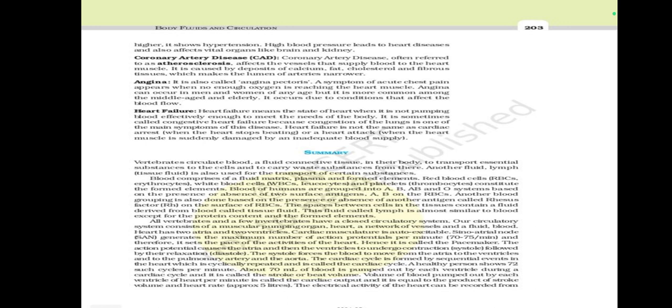Human blood is grouped into A, B, AB and O systems based on the presence or absence of two surface antigens, A and B, on the RBCs. Another blood grouping is also done based on the presence or absence of another antigen called Rhesus factor, Rh, on the surface of RBCs.